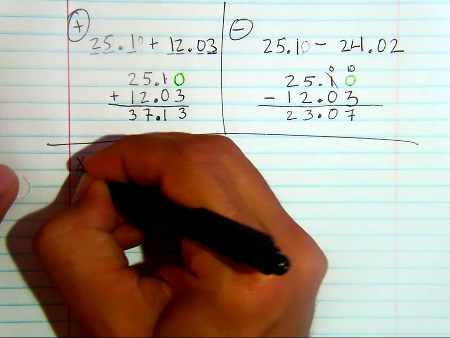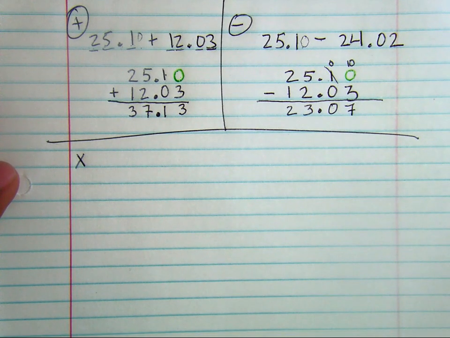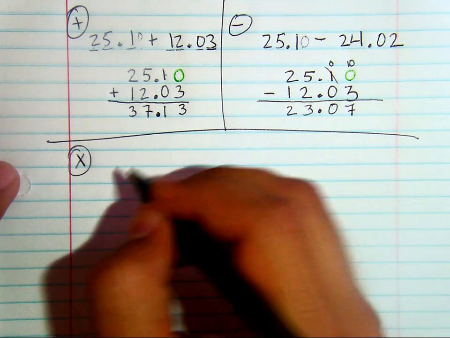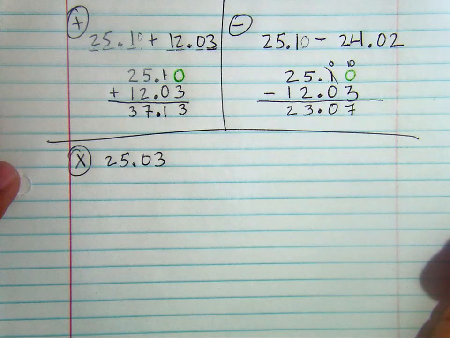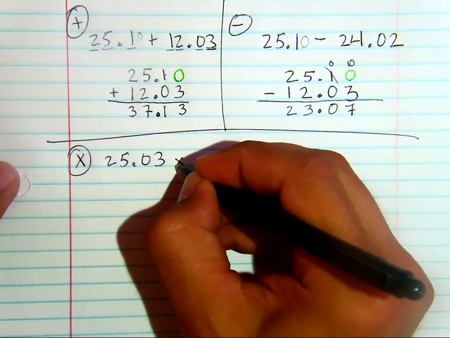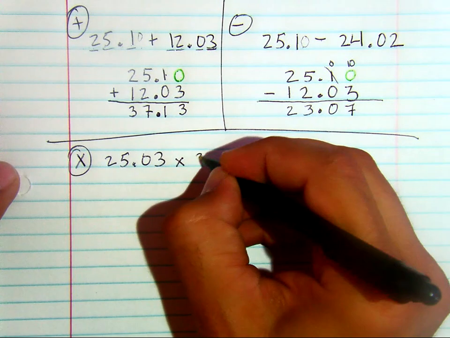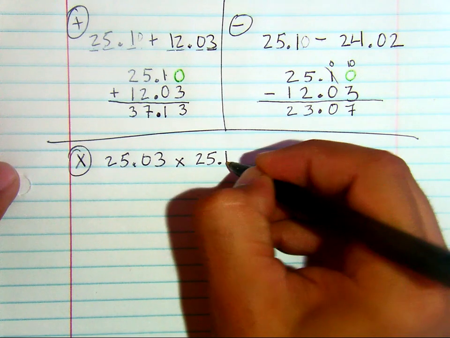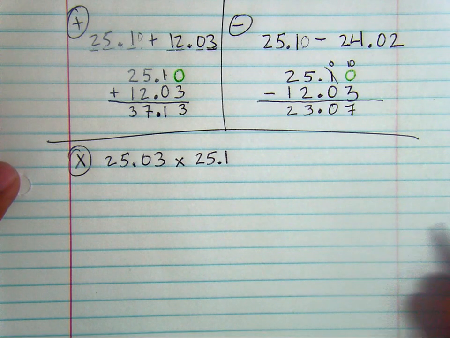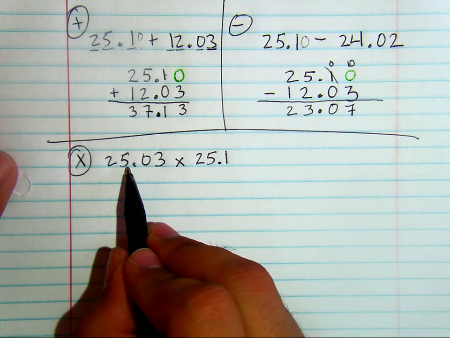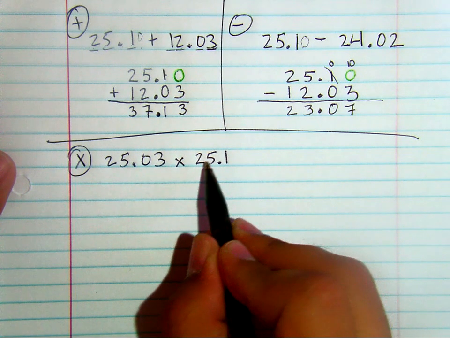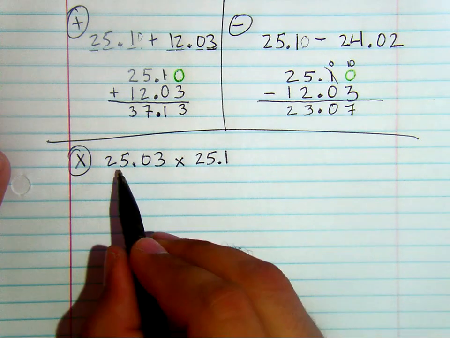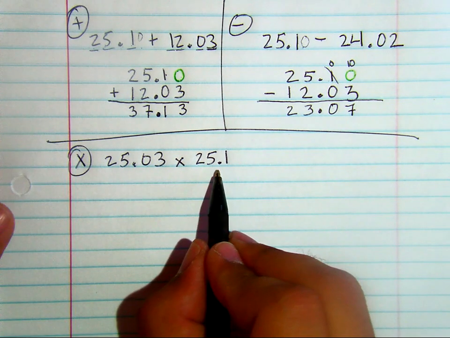So here's where we get into multiplication and division, and lining up decimals is no longer the key feature. Alright, multiplication. Let's take something like 25.03, and let's multiply it times, I don't know, 25.1. Whether you're talking about 25 groups of 25, the commutative property says you can multiply either one by either one.